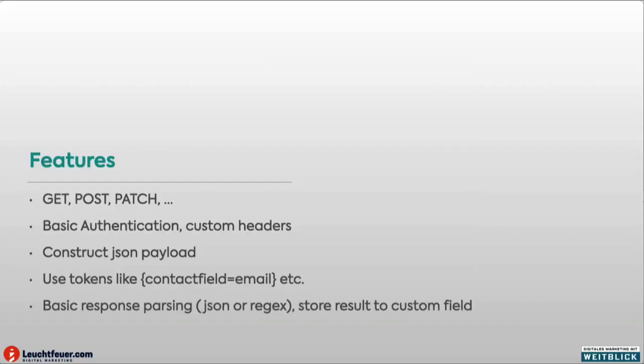So that's what we just saw, the campaign action. It's just one big window where you can do it all, and basically that's also the features that we have today. Different HTTP methods, authentication methods, send payload, receive payload, and store it to a custom field.